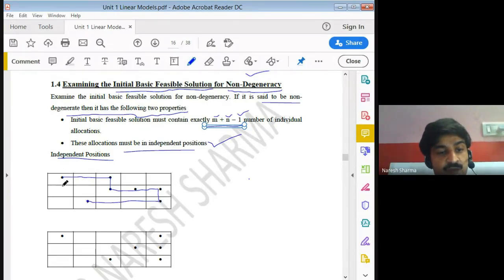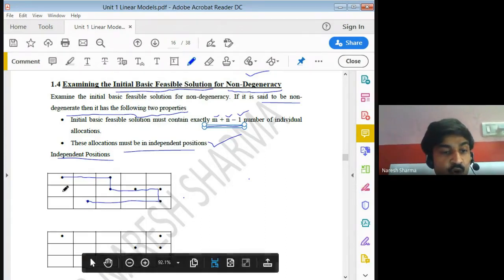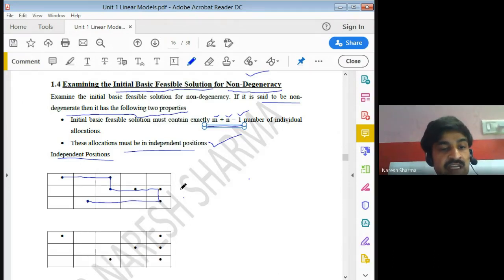So in this situation, this is an open circuit. If the circuit is open, no closed circuit is possible by joining these points, and then this allocation is called an independent allocation.